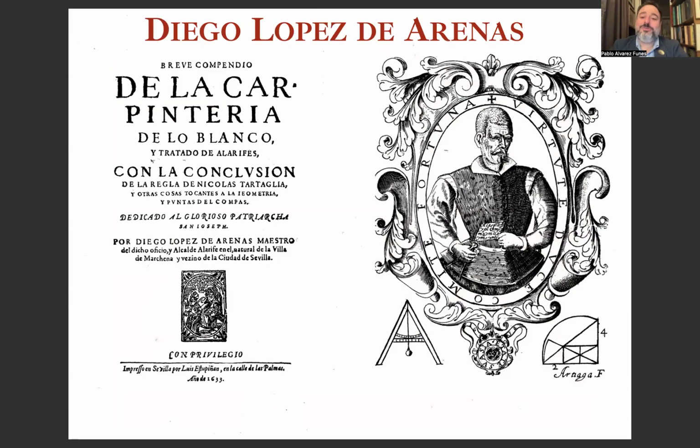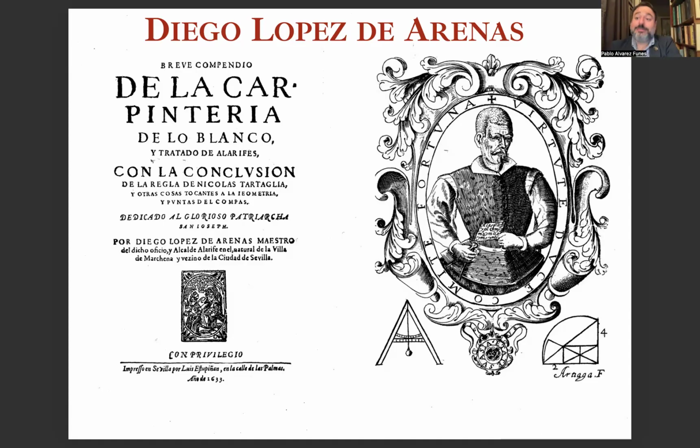So yeah, this is what you need to bear in mind on this. And then we come again to our friend Diego López de Arenas and his white carpentry. This is very important because he puts in writing his knowledge, and he explains that this is what he had been taught. And actually, there is a manuscript in Texas, but it was coming from the American Spain, that is prior to Diego López de Arenas and has the same content.